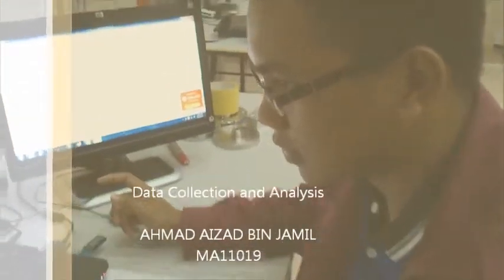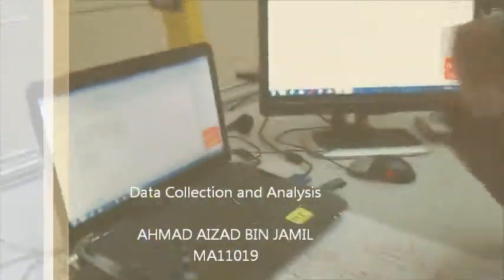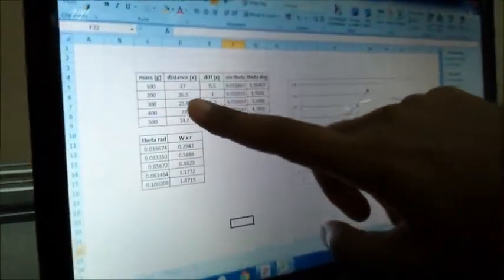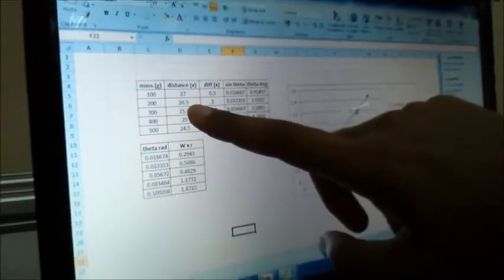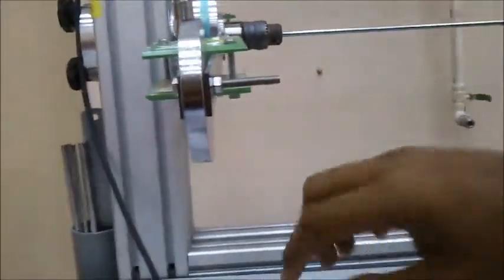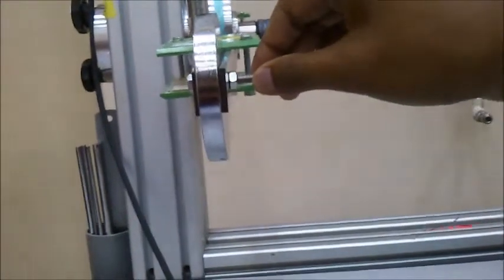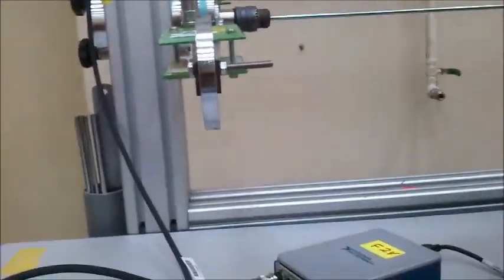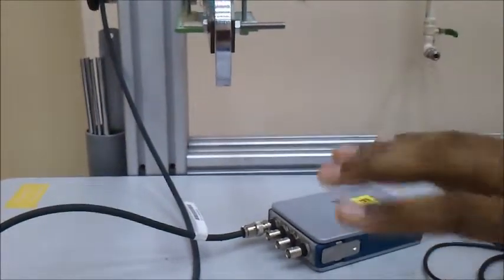The data that we collected we first put in Excel. First is the mass that we use, and the distance. The distance is the height from this point to the ground before we put on the load, and the distance from this point to the ground when we put on the load.